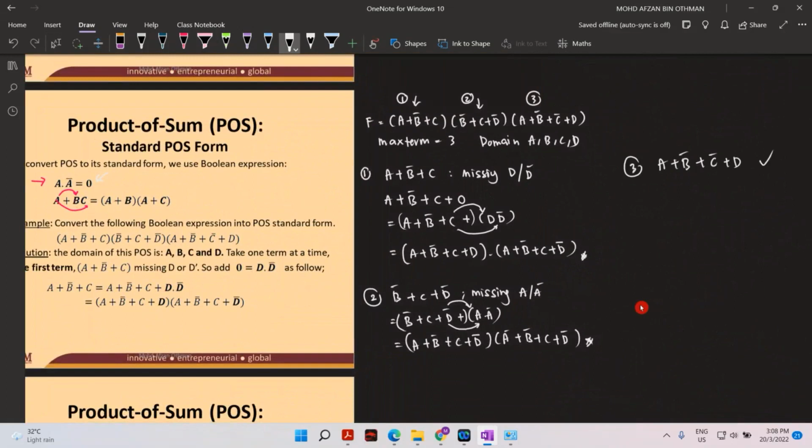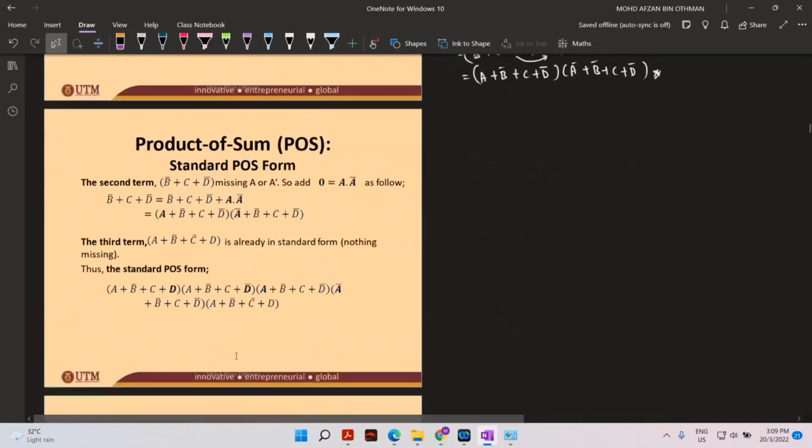So next, what we going to do? Kita dapatkan dia punya standard POS. Macam mana nak dapatkan? Ambil semua ni, kita AND-kan semuanya. Yang ni AND-kan dengan yang ini. So kamu dapat macam ni.